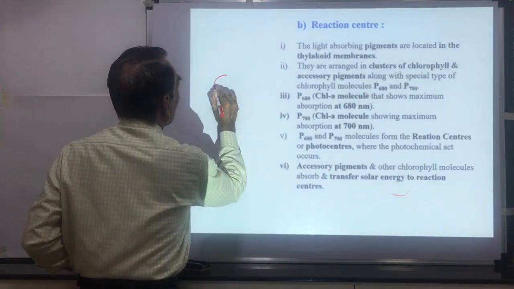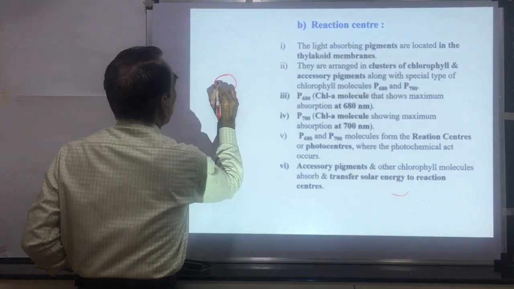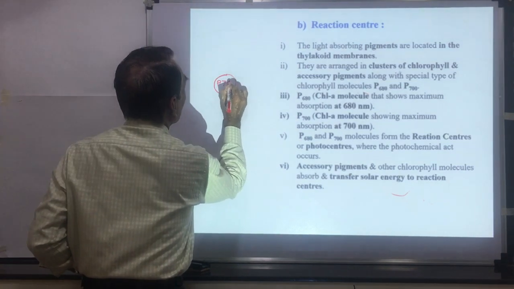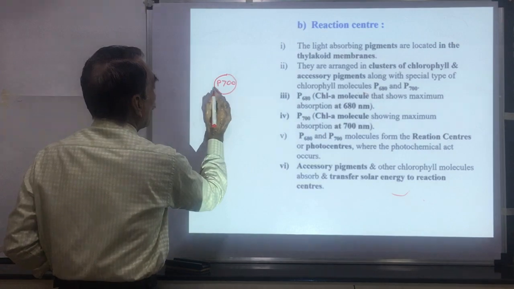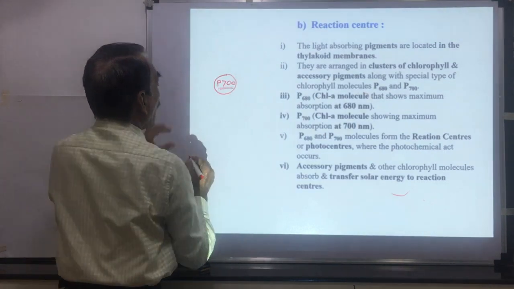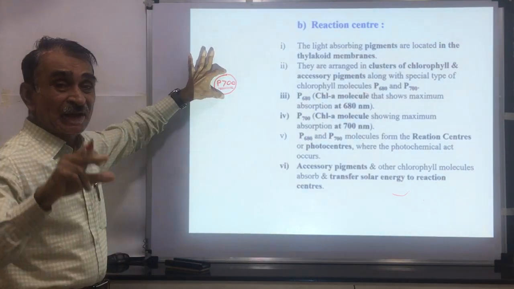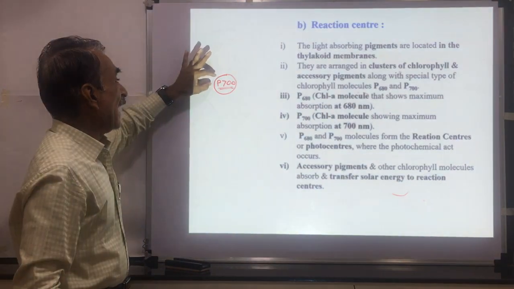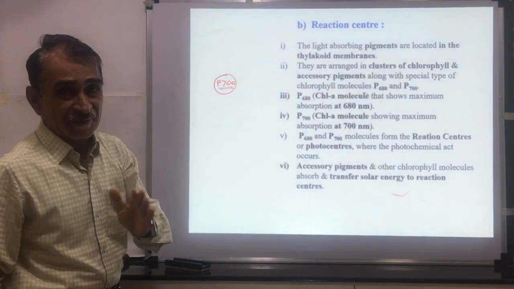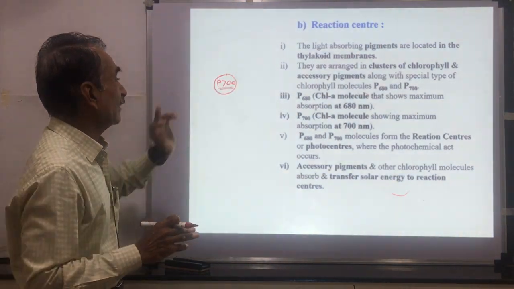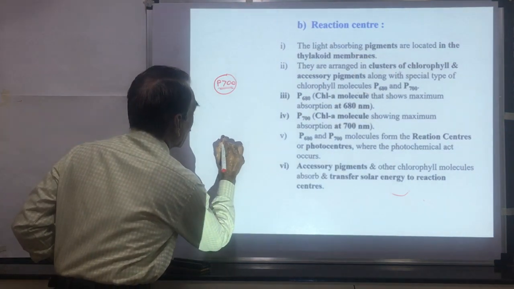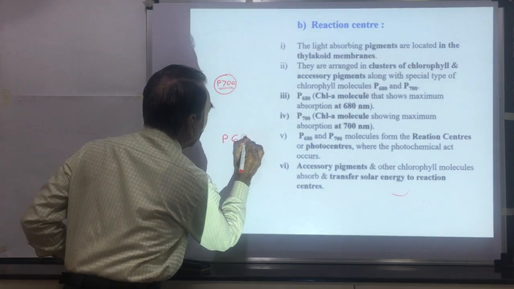Here, this is P700. We shall see what this P700 is. P700 is a form of chlorophyll A which absorbs the maximum light at 700 nm. There is another, P680.